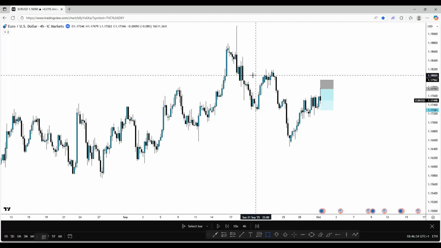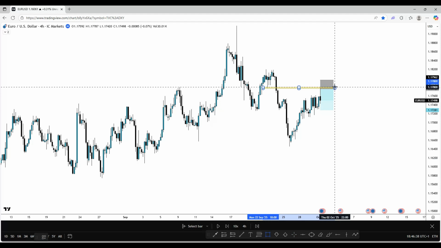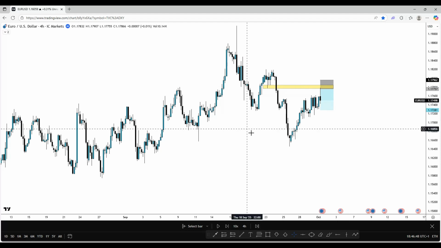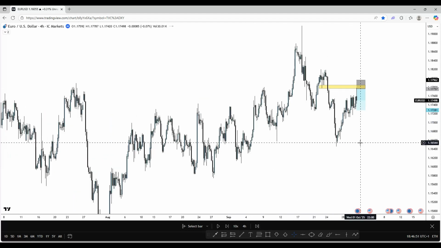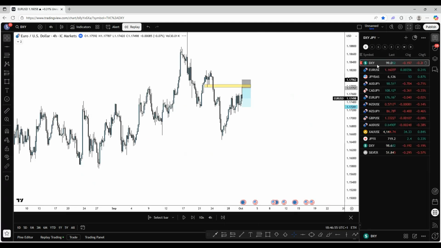All I saw is that the best presentable opportunity was Euro US dollar coming into a nice break and retest. So I was using the multiple confluences that I had on the dollar, pairing that up with a simple bit of market structure on Euro US dollar. And if we have a look, I'll show you where my take profit was.